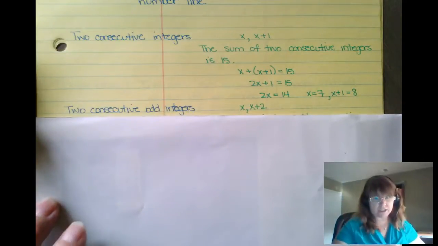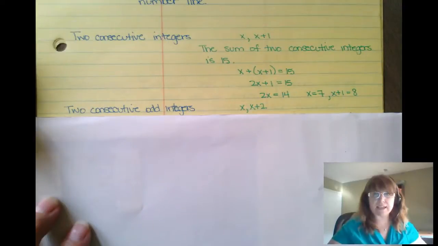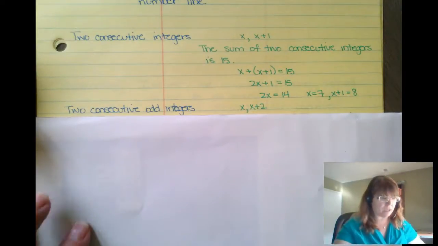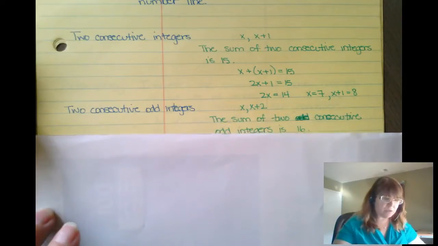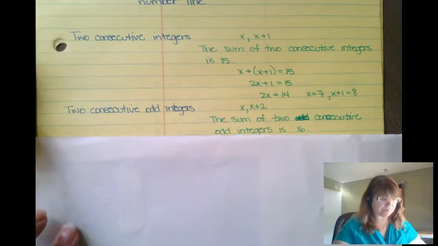Consecutive odd integers. Remember, we want to skip a number. So the first number is x, and the second number is x plus 2. For example, the sum of two consecutive odd integers is 16.